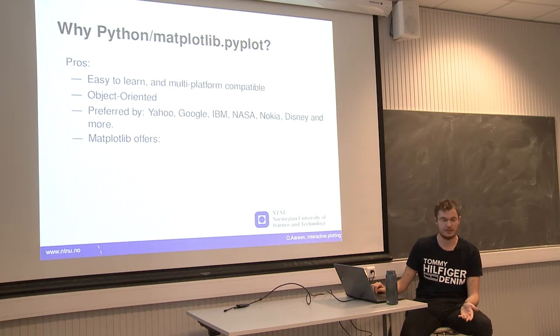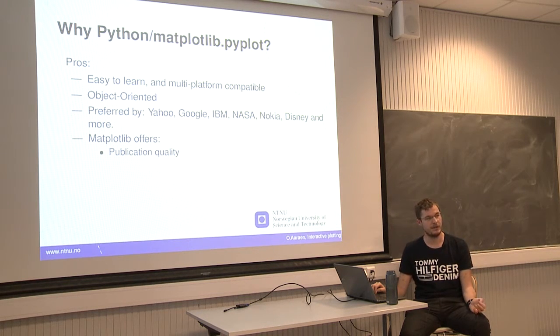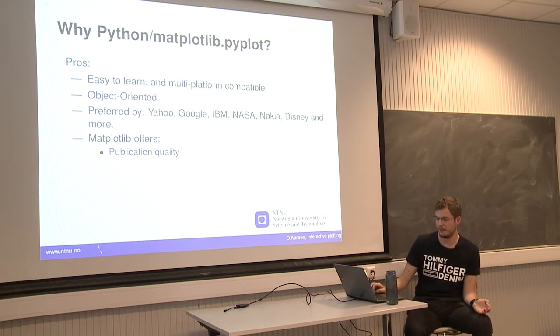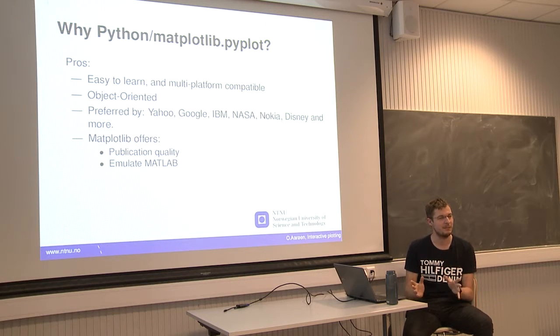The package Matplotlib, which is a sub-package of the main Python build, offers figures of, well, arguably publication quality. It sort of emulates MATLAB, so it should look the same and operate the same, so that the transition from MATLAB to Matplotlib shouldn't be that hard.